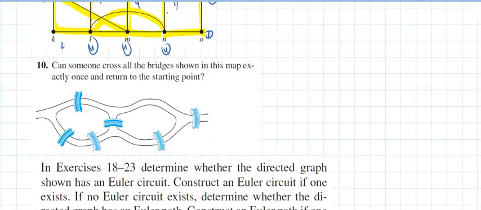Now let's look at this bridge problem. Number 10, it says, can someone cross all the bridges shown in the map exactly once and return to the same vertex? Well, let's see.